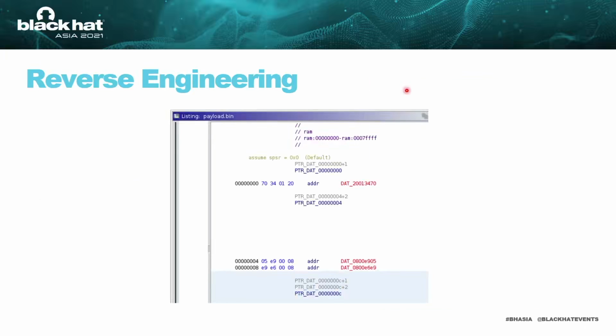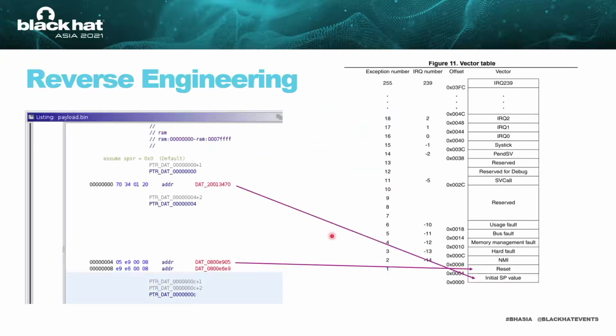So now, starting with the reverse engineering, I loaded everything into Ghidra and immediately spotted that there is something in here, those addresses that seem to make sense, taking into account that most ARM firmwares start with a vector table, which describes the initial stack pointer, the main function, which goes by the name of reset, and some other interrupt handlers.